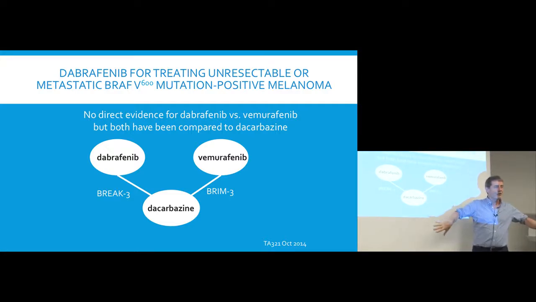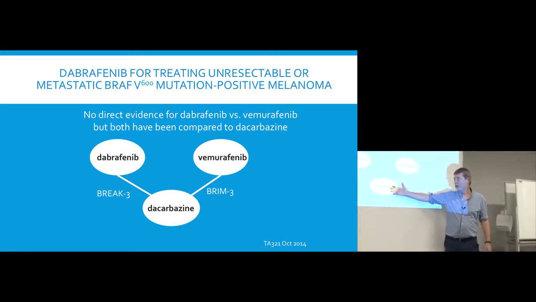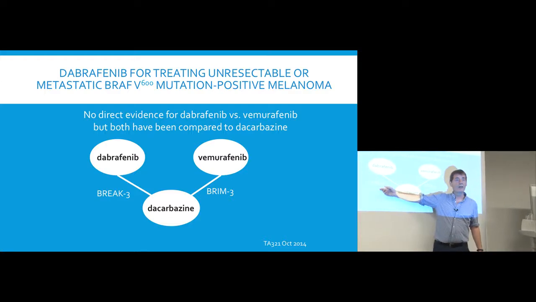They're two separate trials. And so in making this indirect comparison, we are assuming that the dacarbazine patients in the vemurafenib BRIM3 trial are similar to the dacarbazine patients in the Break3 trial.